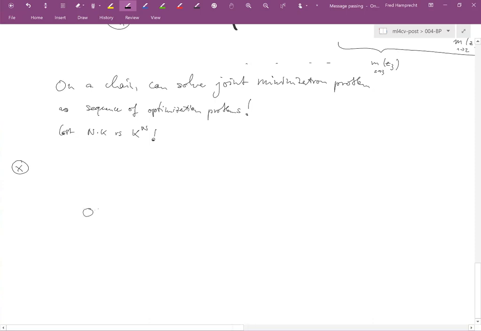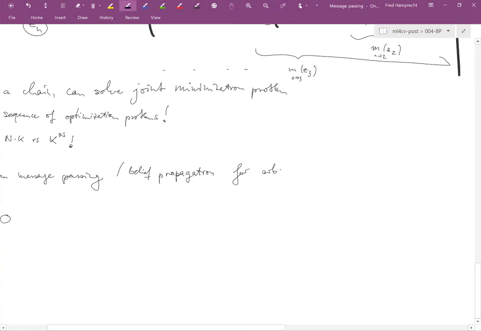So the headline here would now be min-sum message passing, or this is also called belief propagation, for arbitrary tree-structured discrete graphical models. Excuse me, it's all the fault of the digitizer, you know.